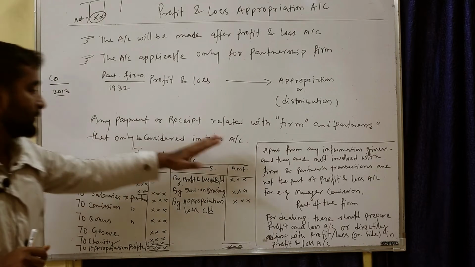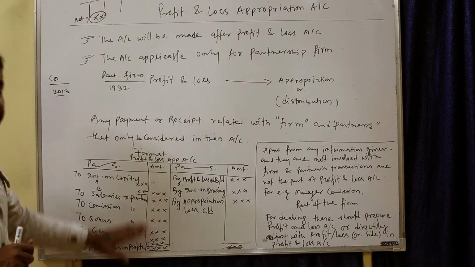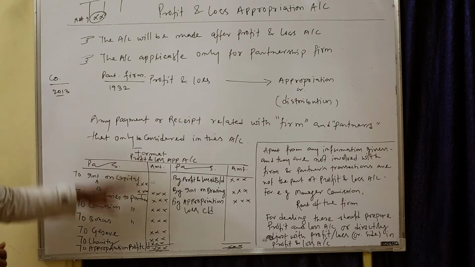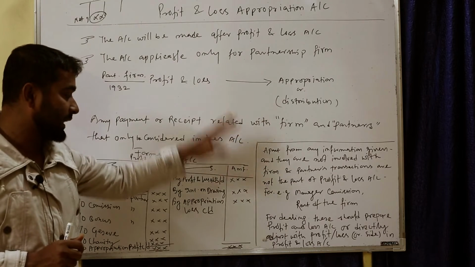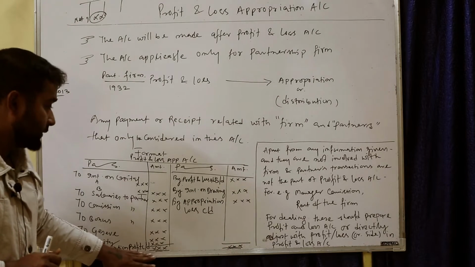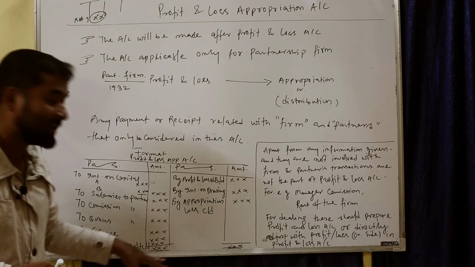Now when we are doing the tally of both sides: this side is the expenses side of the firm, and this side is the income of the firm. If one side is more, both columns should show the same amount.